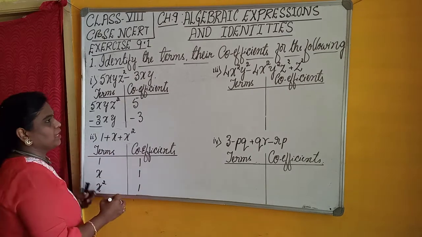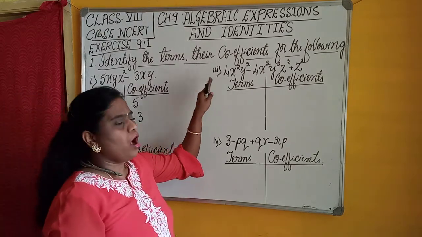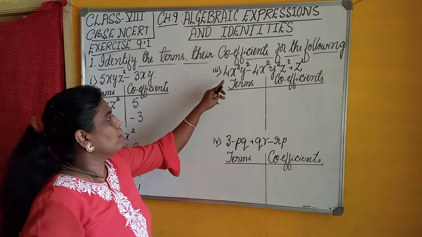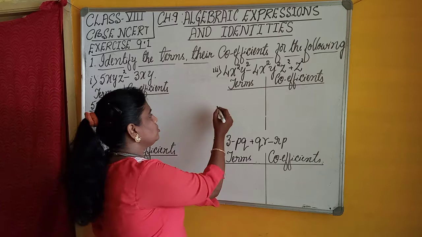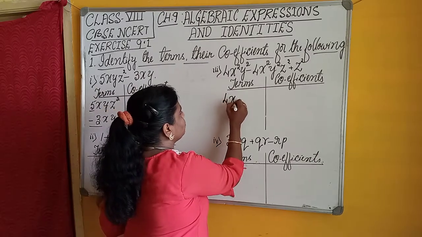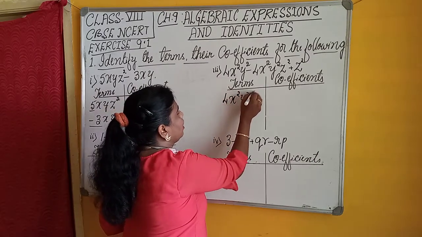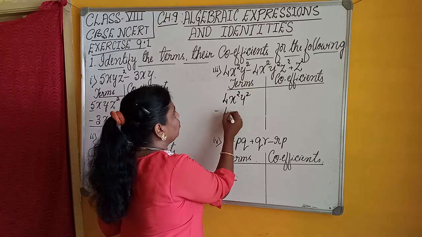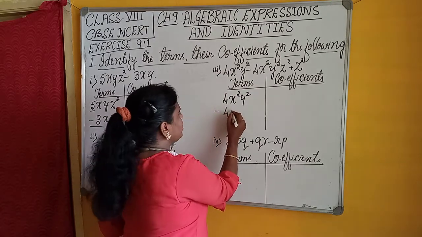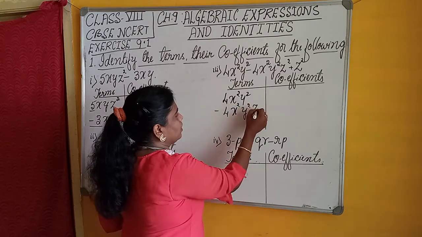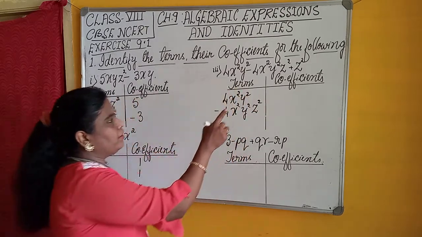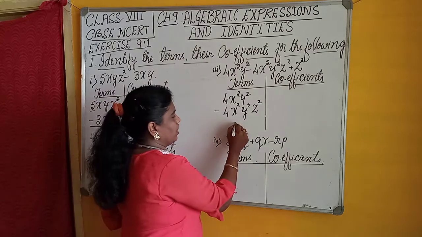Next, here how many algebraic terms are there? 1, 2 and 3. Which are they? Those are 4xy square, minus 4x square y square, and one more, z square.